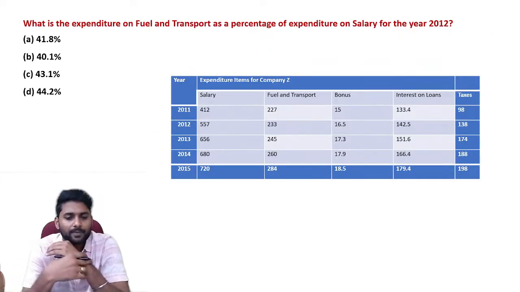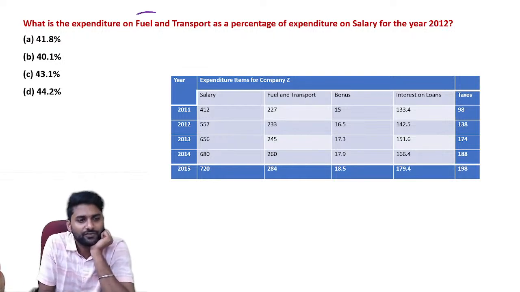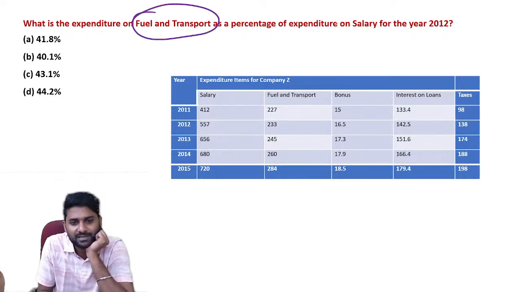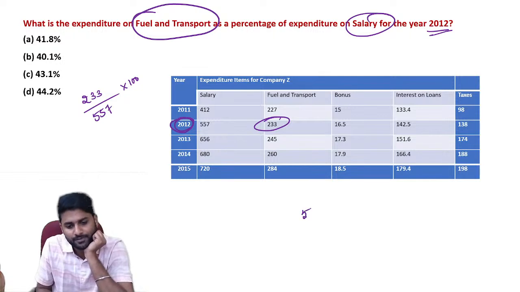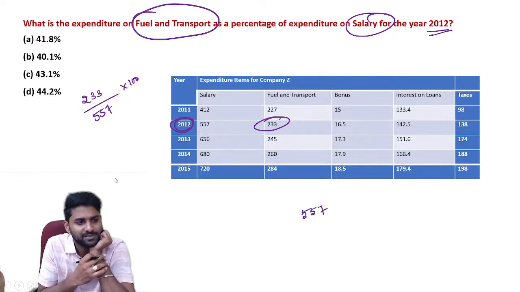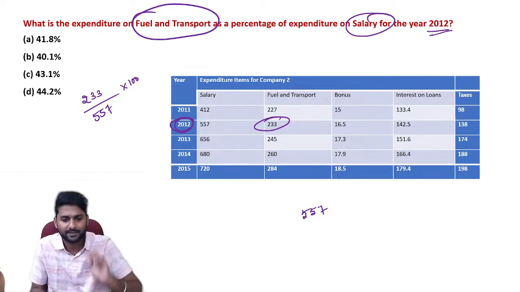Next. What is the expenditure on fuel and transport as a percentage of expenditure on salary in the year 2012? They are talking about 2012. Fuel and transport is 233 units, and you have to compare it with the salary. Salary is 457, into 100. If you observe, the options are all around 40%, 41 and 44, right?